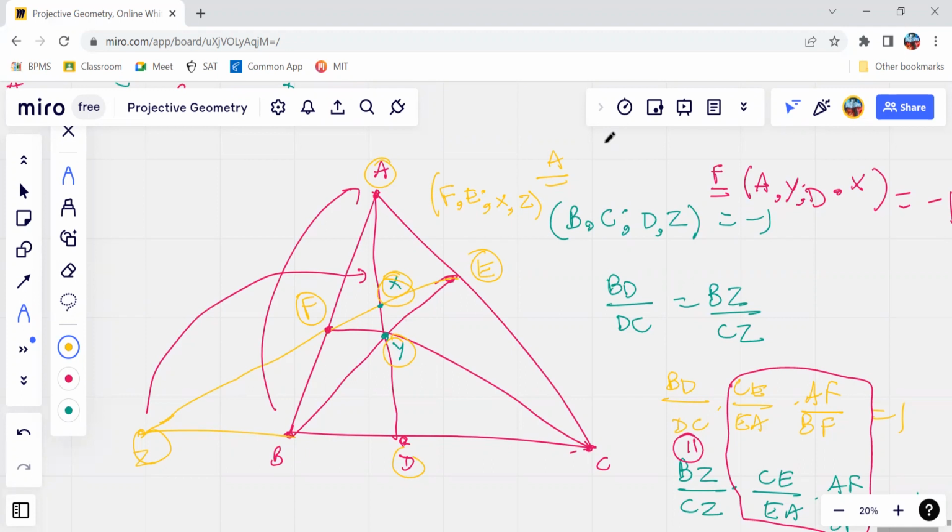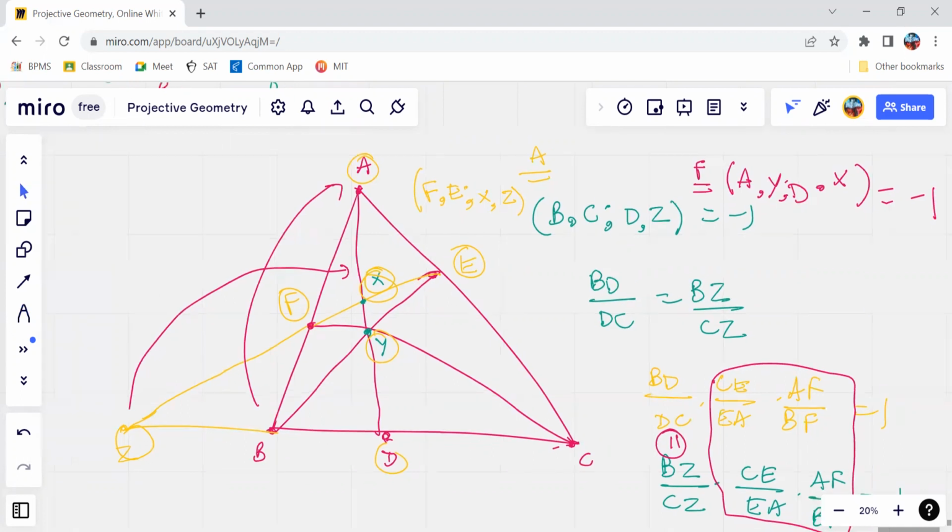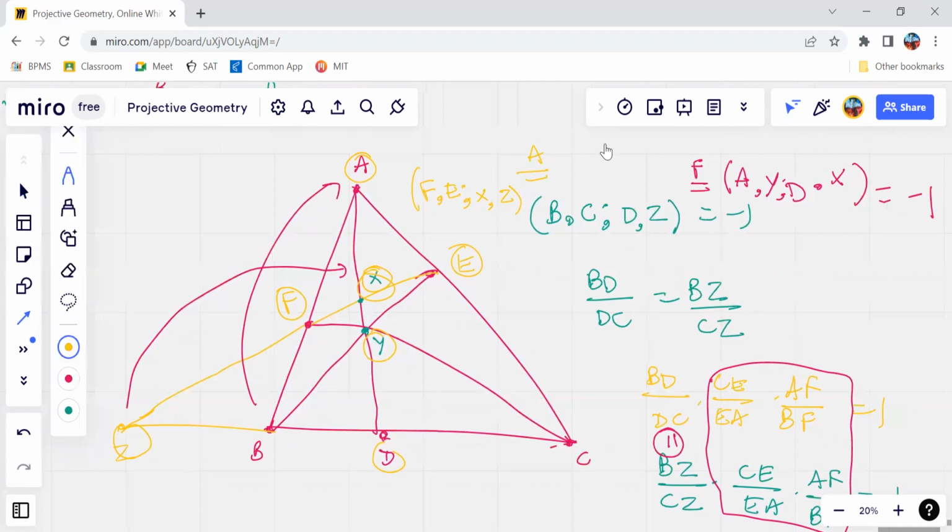So in this kind of configuration, we can try projecting from Y and get that the cross ratio of BC DZ is equal to the cross ratio of BDCZ, which is just 1 upon that, not considering the directed length.